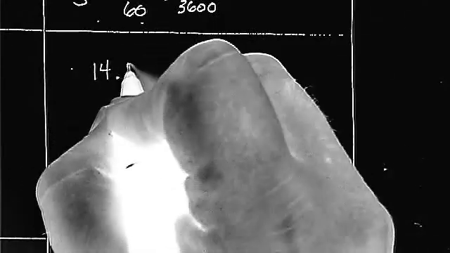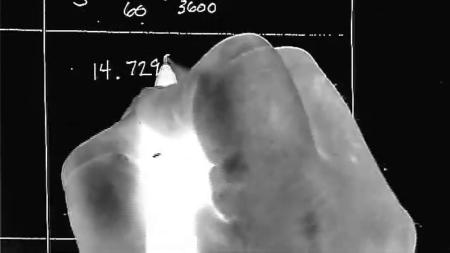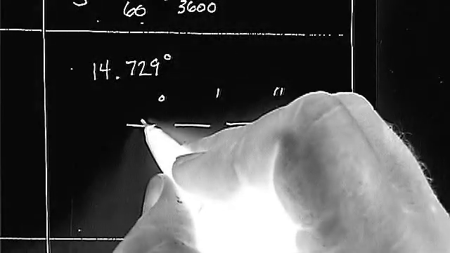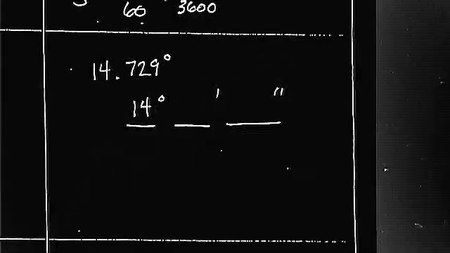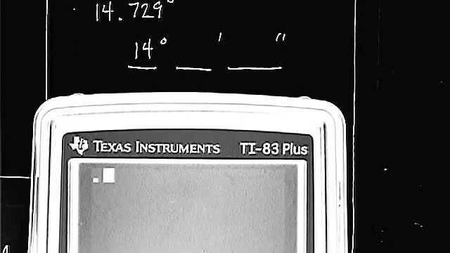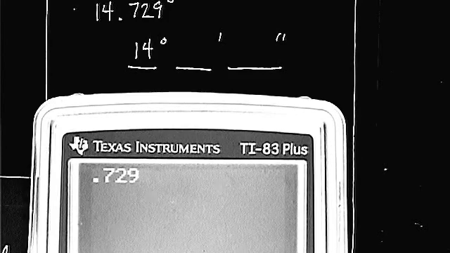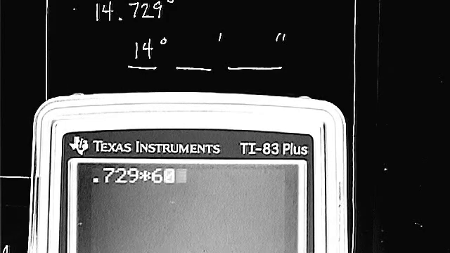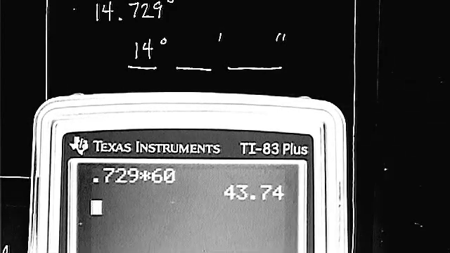If you had to go back the other way, suppose we started with 14.729 degrees, and we wanted to change that back to degrees, minutes, and seconds. The first one should be easy, right? 14. It's the .729 that we have to deal with. So first, take the .729 and change it to minutes. What are we going to multiply by? 60, right? That gives me 43.74.